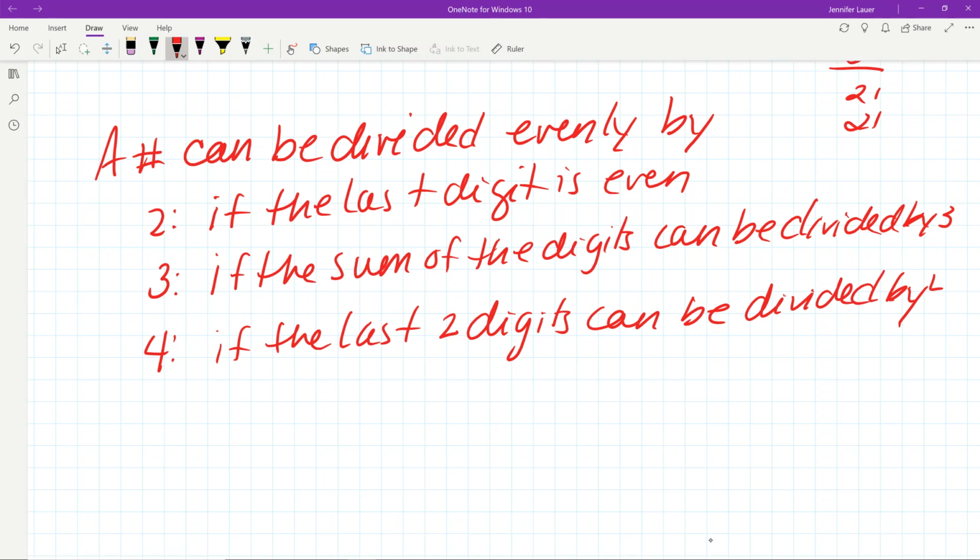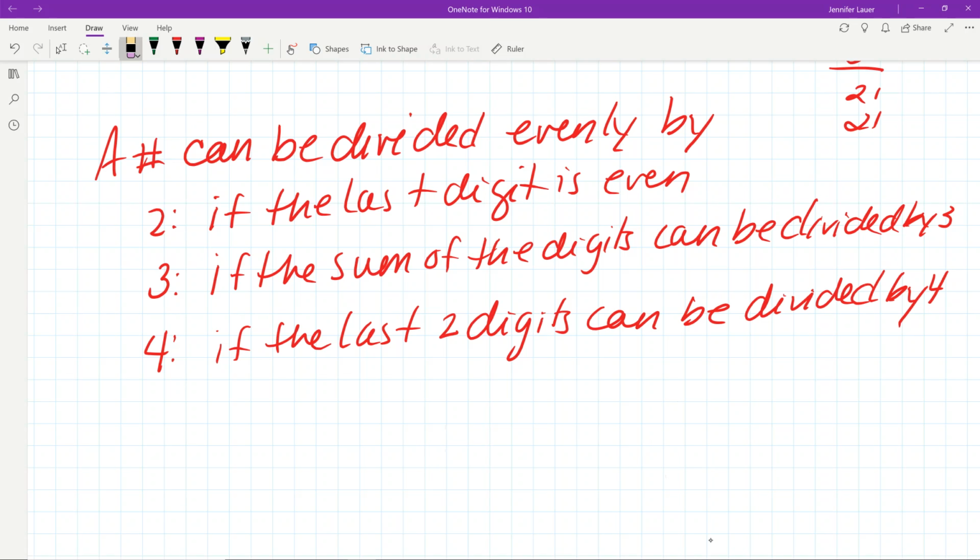So let's try that. What about 216? Well, the last 2 digits can be divided by 4. 16 divided by 4 is 4. So let's see if this works out. 4 goes into that 54 times. And it is true. So that's how to tell if it can be divided by 4.